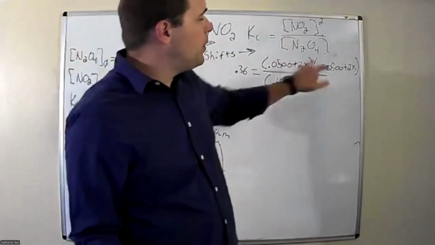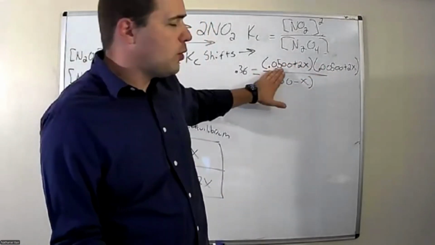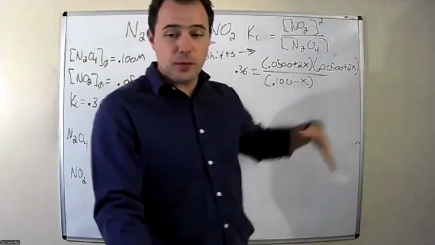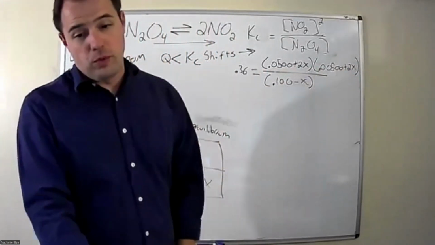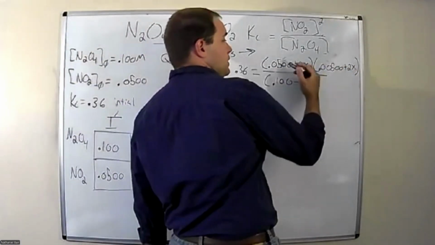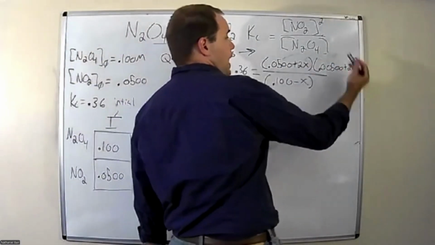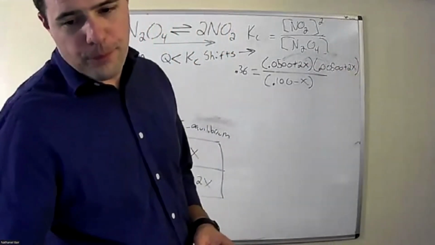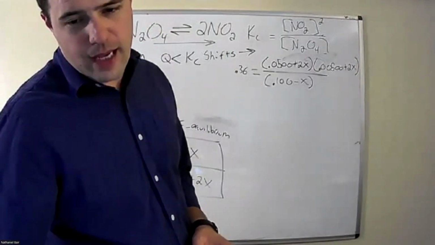So now in the numerator, I got the quantity 0.0500 plus 2x times quantity 0.0500 plus 2x. What do you got to do there? You got to FOIL. So we got to FOIL the numerator, right? First, outer, inner, last. Okay, and if you've forgotten how to FOIL, I got it on the next slide here.